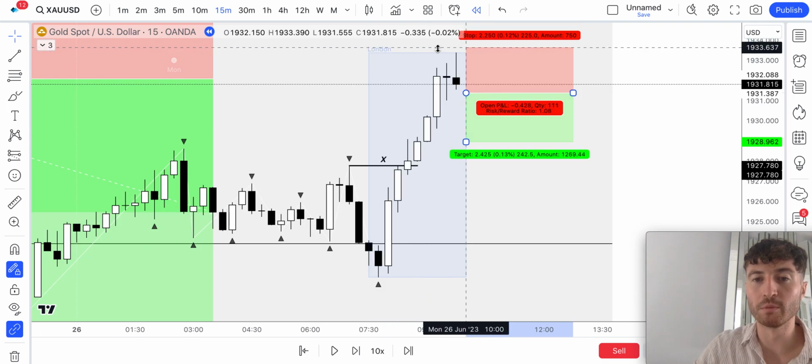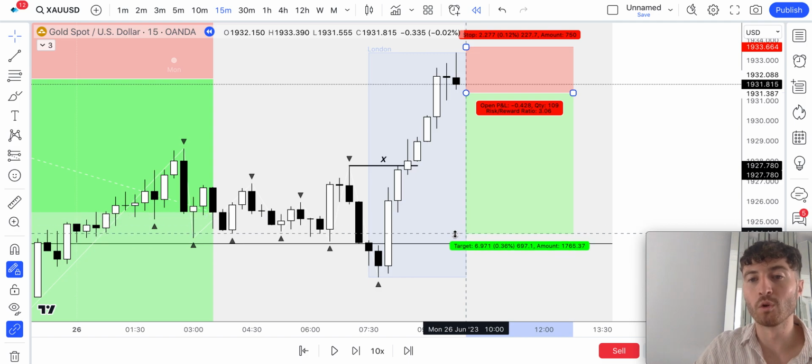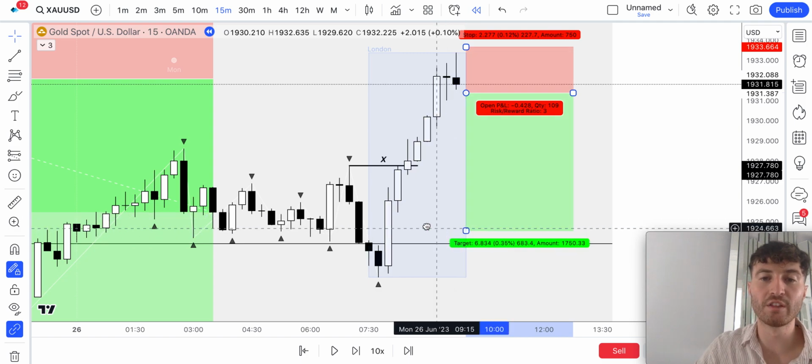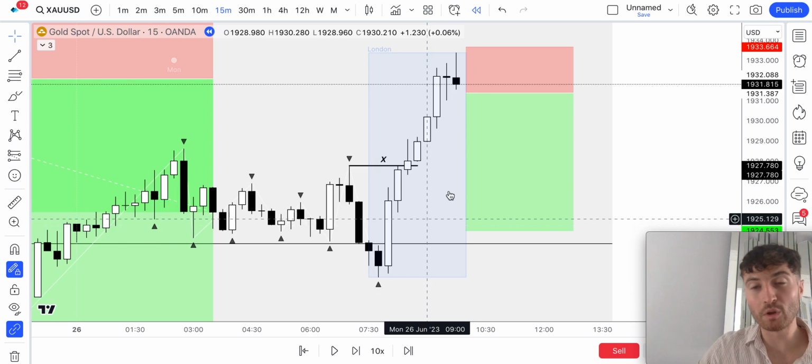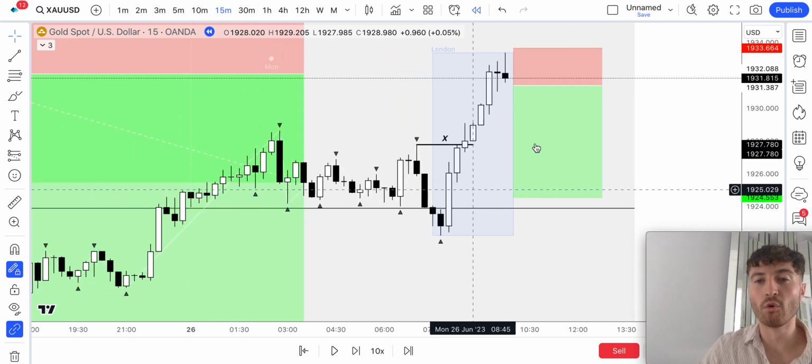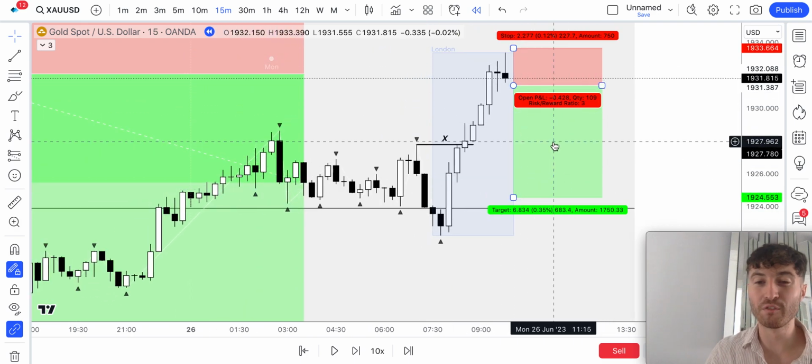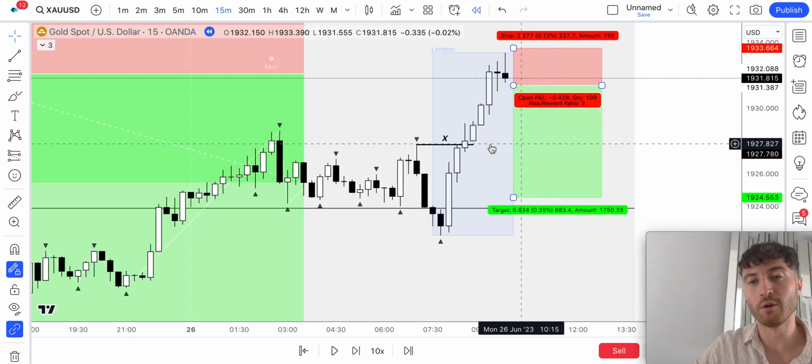Stop loss goes just above, and we're going to be looking at targeting a 1 to 3 trade. Okay, you can see on this one the stop loss is a little bit tighter, therefore the probability of this trade playing out is maybe a little bit higher, because we don't have to capture as much of that move in order to make a very successful trade.